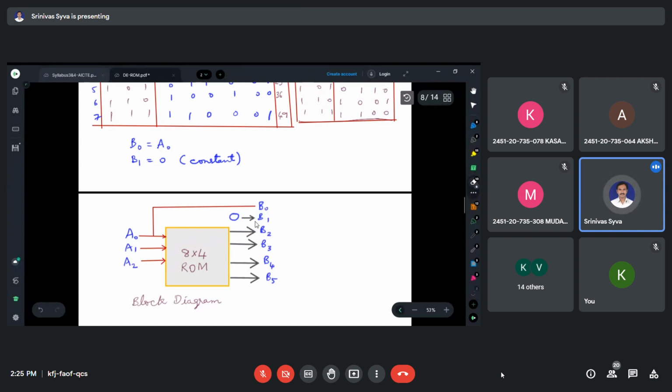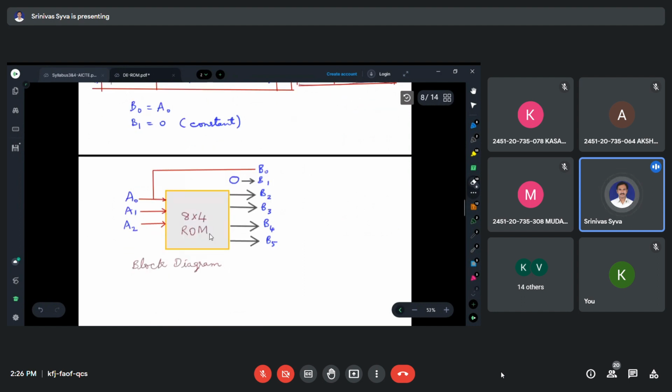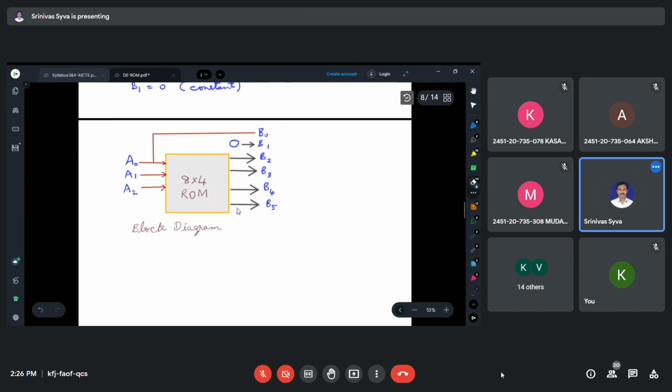A ROM with 4 output variables and 8 memory locations, because with 3 inputs we have 8 different data elements. So 8 by 4 here.